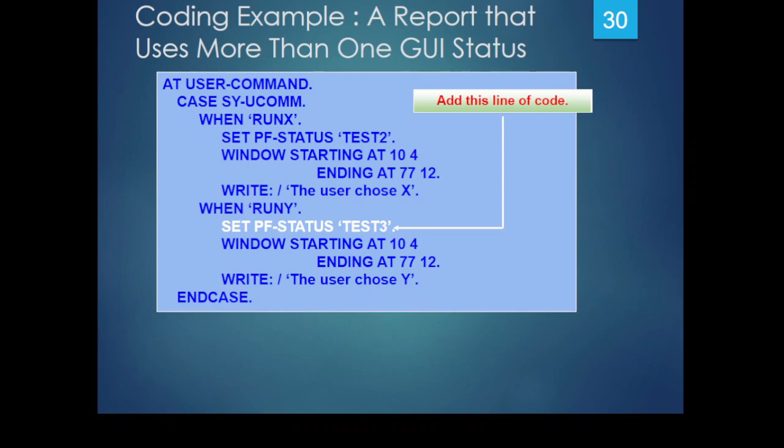Now, if we explore an example regarding one GUI status, we can find that we use AT USER-COMMAND and use the CASE structure.